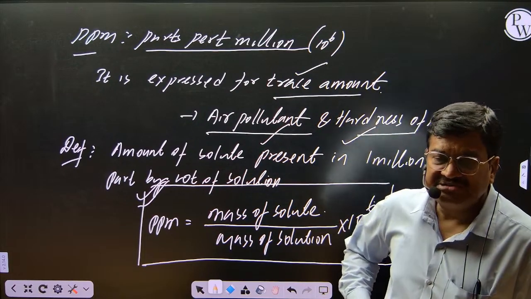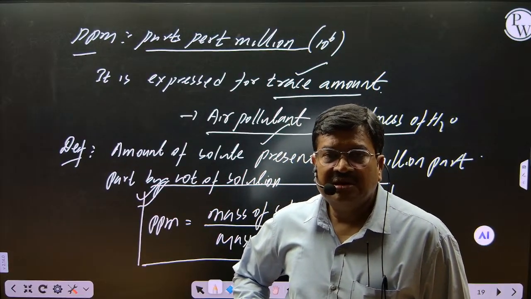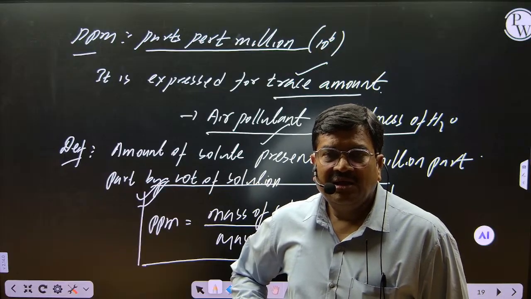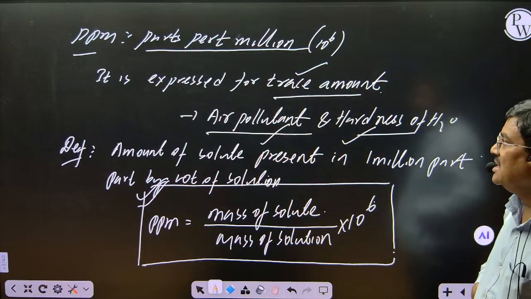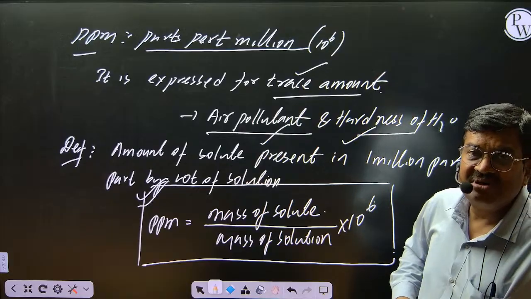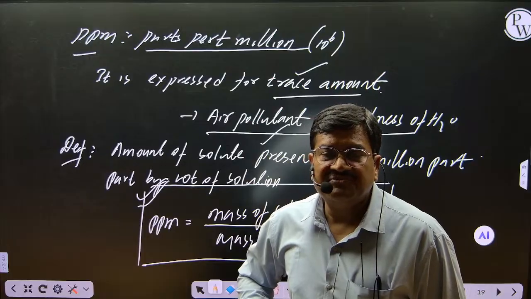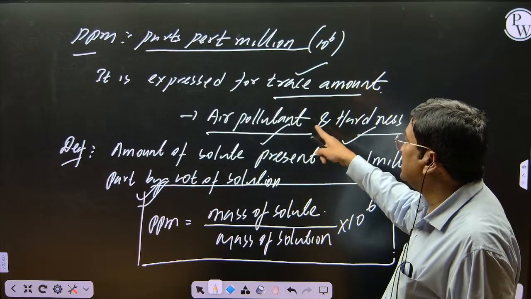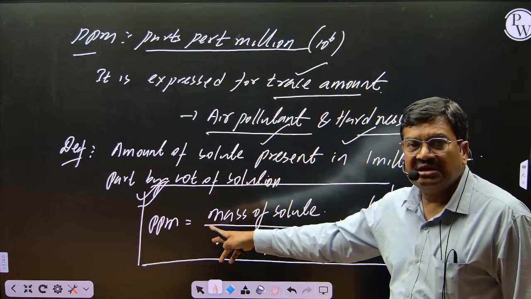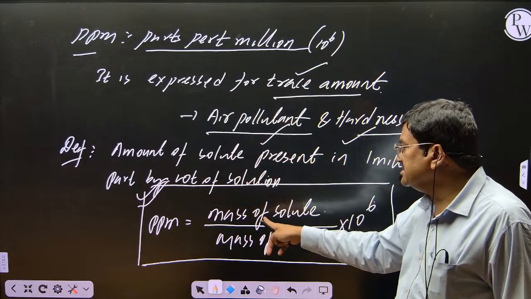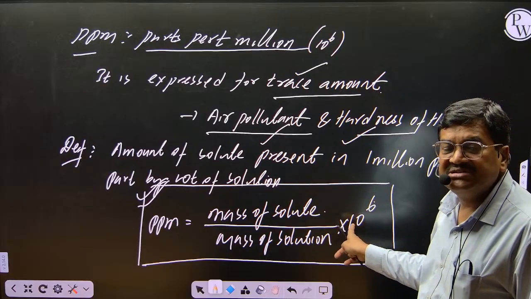Till now what we learned: mass percentage, volume percentage, mass by volume percentage, mole fraction, molarity, normality, and the last concentration, ppm. So important in NCERT, they are asking questions related to ppm, parts per million. Parts per million is nothing but how much amount of solute is present in 1 million part by weight of solution. So we express it for trace amounts like what? Air pollutants and hardness of water. Just like mass percentage, recollect, those who are revising: parts per million is given by mass of solute by mass of solution. In place of 100, what are we writing? 10 power 6.